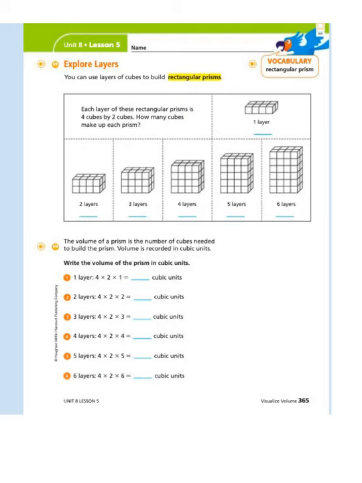You can use layers of a cube to build rectangular prisms. Each layer of these rectangular prisms is 4 cubes by 2 cubes. And you can see the cubes here. 1, 2, 3, and 4.